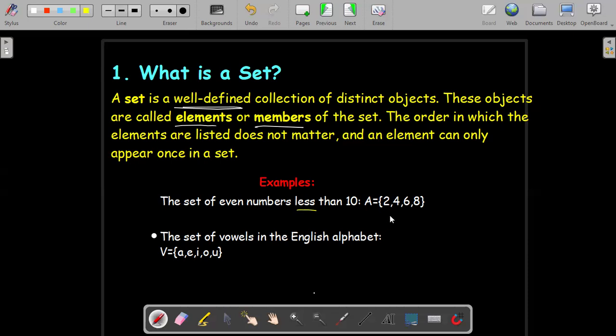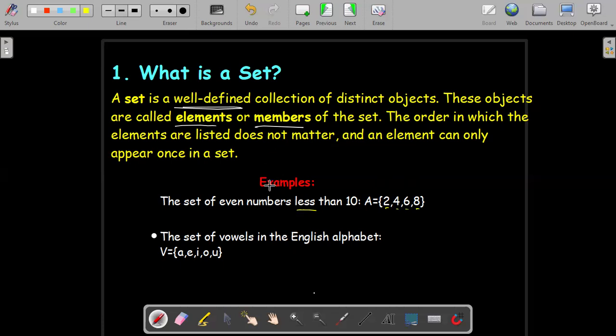If you are to list down those numbers, by definition an even number is just a number that is divisible by 2. So those numbers divisible by 2 that are less than 10 are 2, 4, 6, and 8.